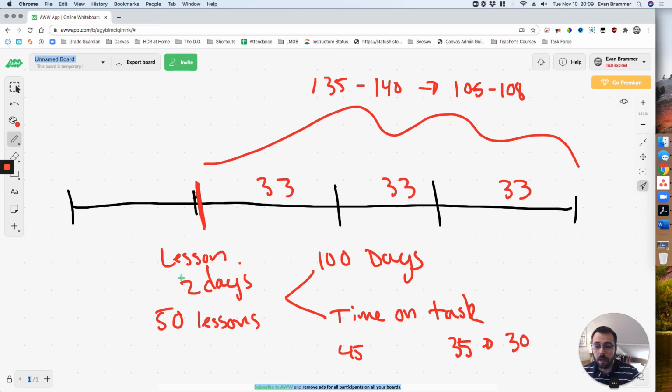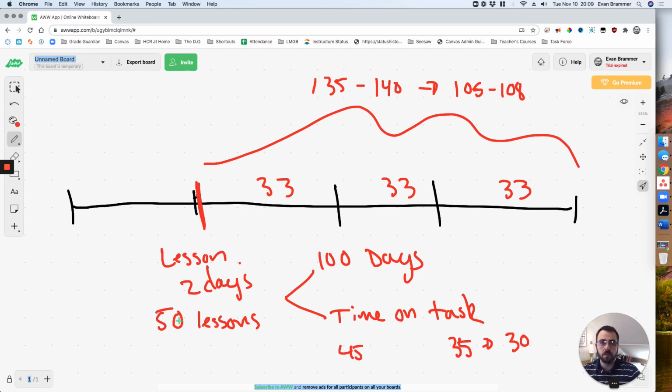Or maybe my lessons typically take 1 day, so I have 100 lessons, or somewhere between there. Continue to define those time parameters so that you know this is what I have to work with. It's 50 boxes that I need to have the appropriate standards in.